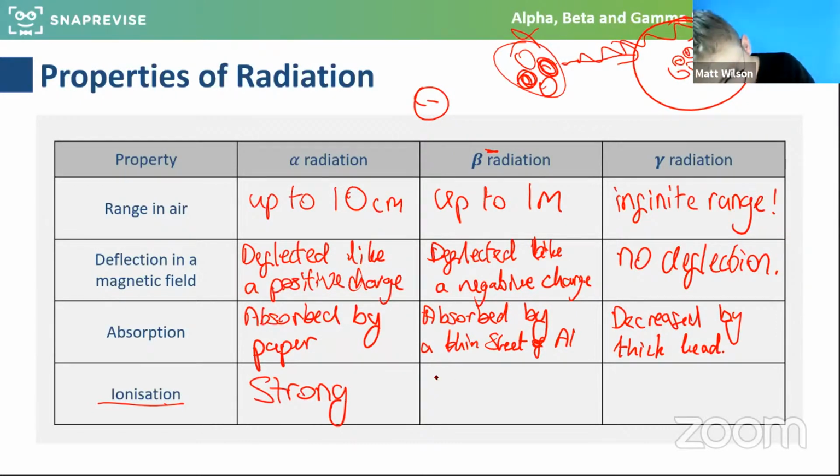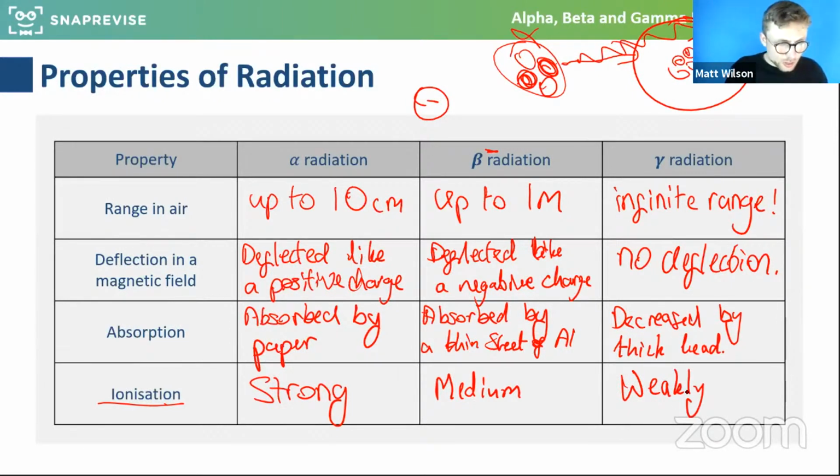Beta radiation is kind of medium. It's made of an electron, so it has some weight to it, but not a lot. And then gamma is made of photons. And that's the least likely to really actually interact with some kind of electron in an atom. So that's weakly ionizing. So there's this weird trade-off. Alpha is the most damaging when it hits something, but the least likely to reach it.